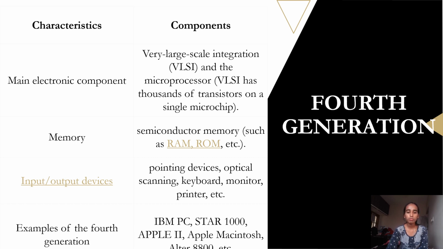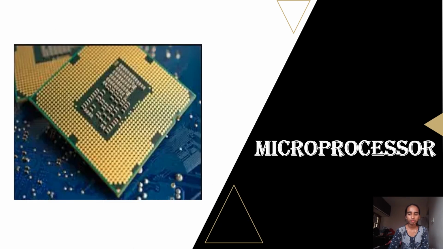Input output devices are pointing devices, optical scanning, keyboards, monitors, and printers, all of which come under the fourth generation computer. Examples for the fourth generation are IBM PC, Apple II, Apple Macintosh, etc. Here is a microprocessor which we use in the fourth generation.